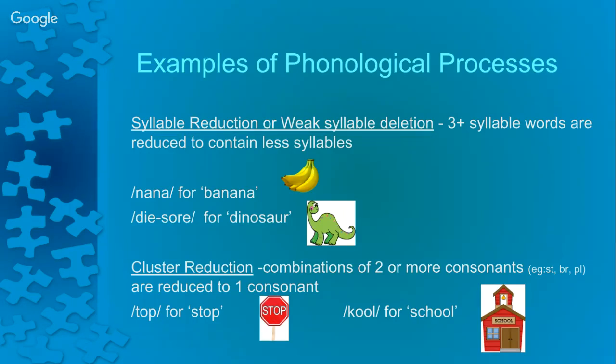Cluster reduction is when combinations of two or more consonants, like ST or SK, are reduced so only one consonant is produced. So for the word stop, the child says top. For school, they say cool.